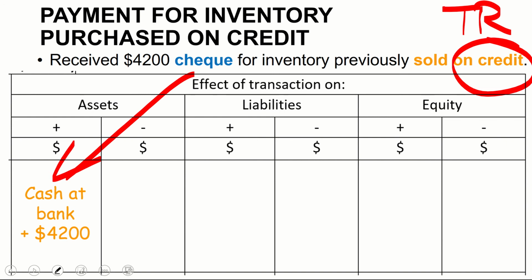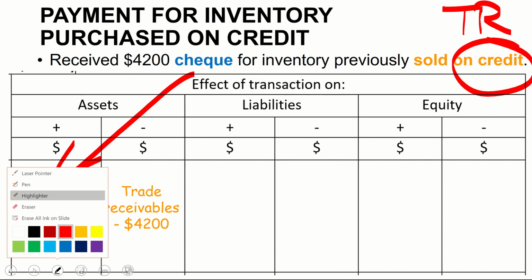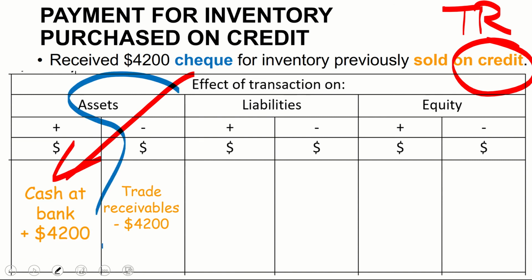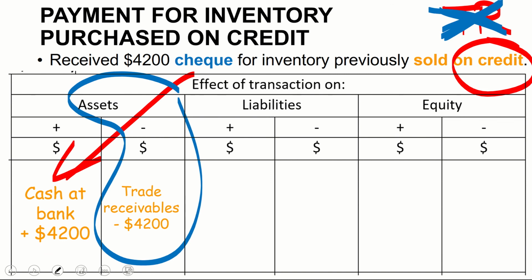The other account is the trade receivable, no more already. Why? Because this person doesn't owe you money anymore. If the person doesn't owe you money anymore, you should record an asset reduce. Your assets reduce by 4,200 because this trade receivable doesn't owe you money anymore.